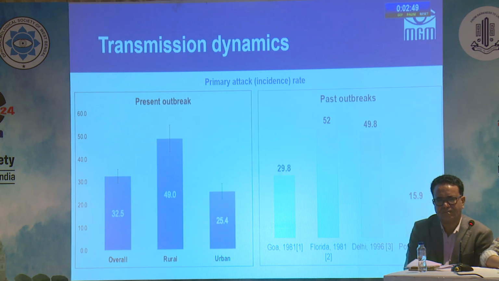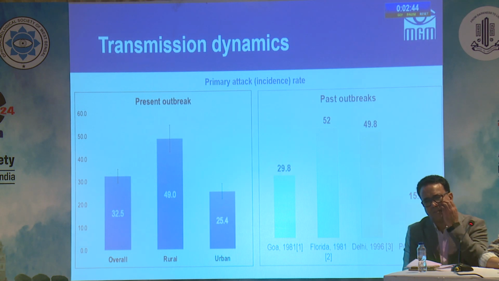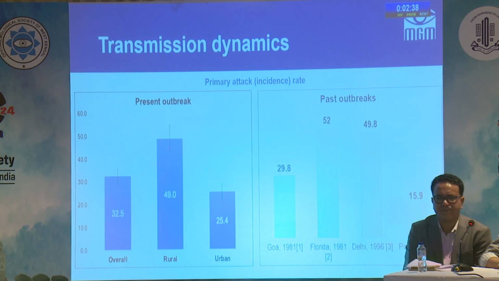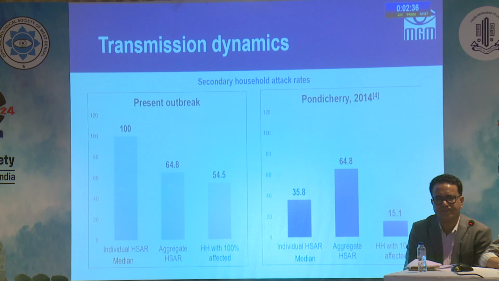It was significantly higher than two previous studies, and the attack rate in the rural areas was comparable to two studies of acute hemorrhagic conjunctivitis. The median probability that the infection would spread from the index case to other household members was 100%.